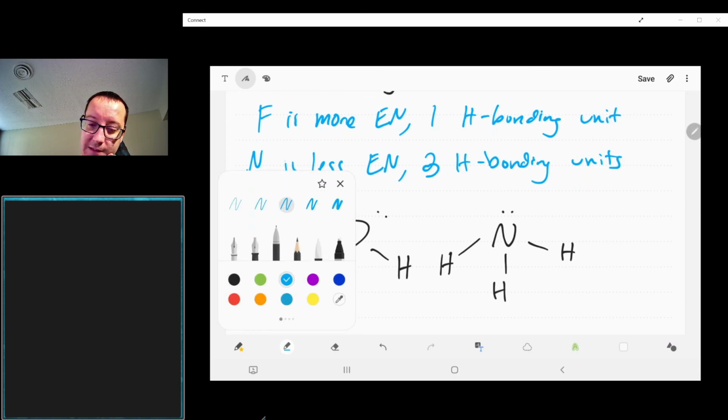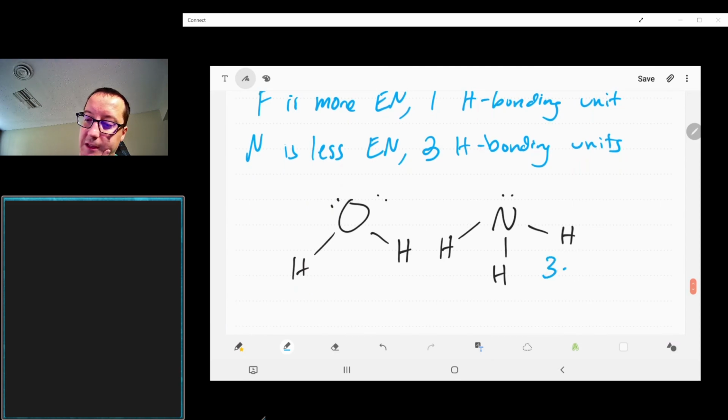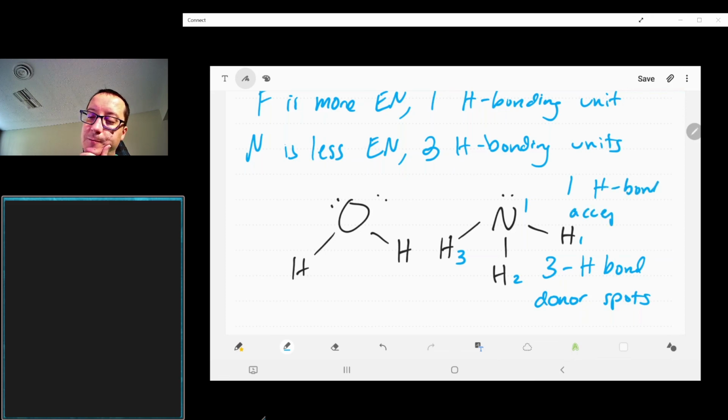So we're going to see that ammonia has 3 hydrogen bond donors: 1, 2, and 3. 3 places it can donate a hydrogen bond, but only 1 place it can accept a hydrogen bond.